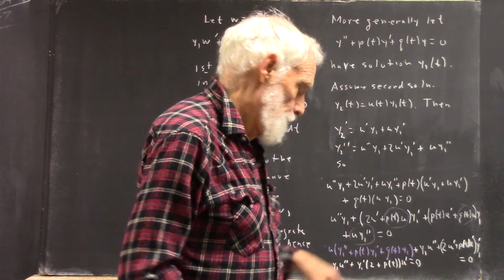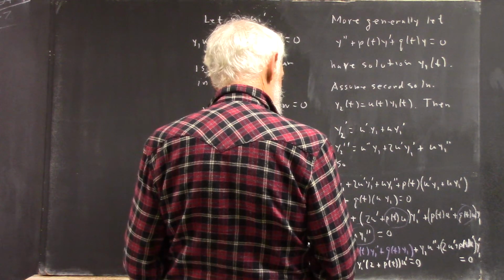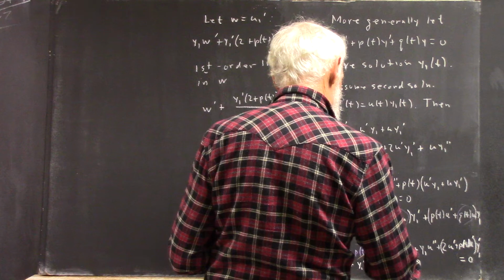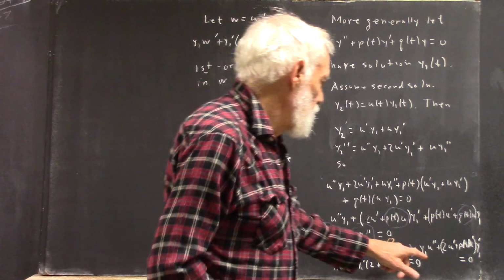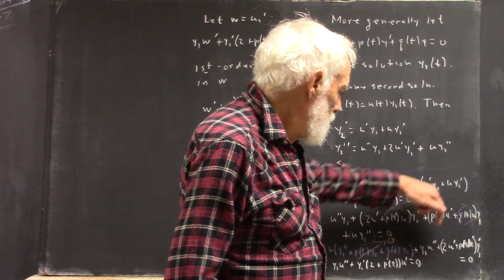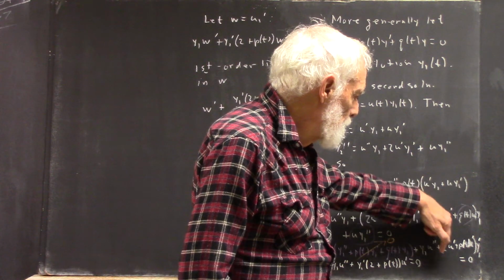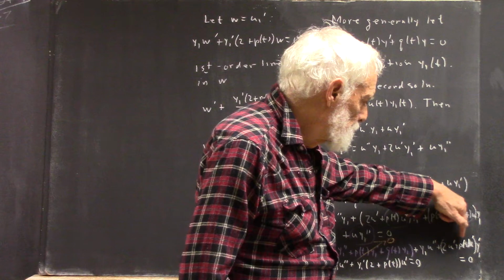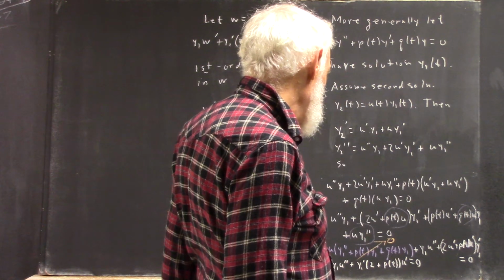So here it is, and we can comment that this much is just 0. And that leaves us with this. Now I didn't write it down real well. It reads y1 u double prime plus the quantity 2 y1 prime plus p of t y1 times u prime.